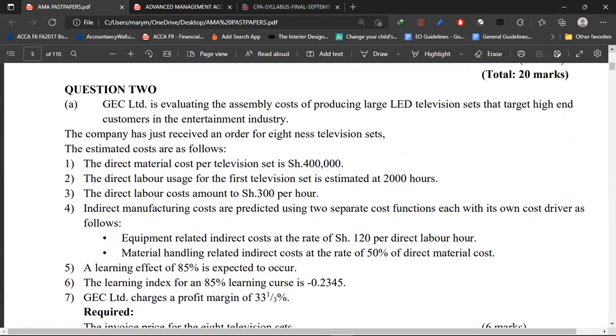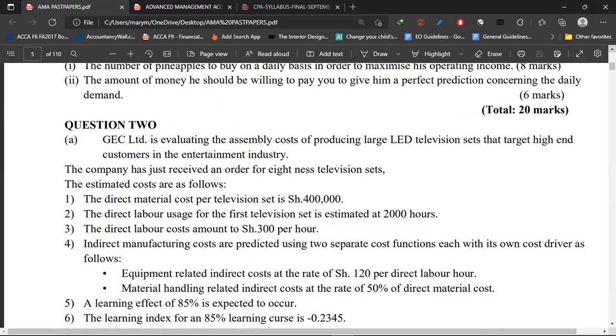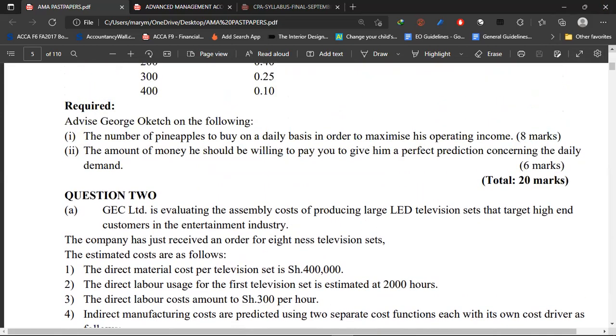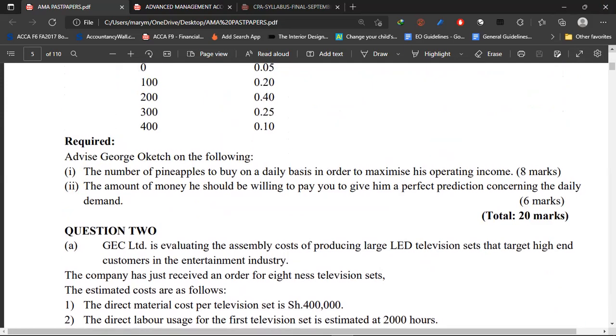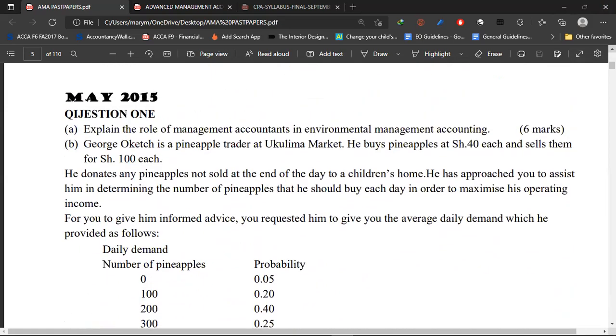Before you read this question, let me go up here. Today I was able to share a handout which is going to be answering question number 1A.